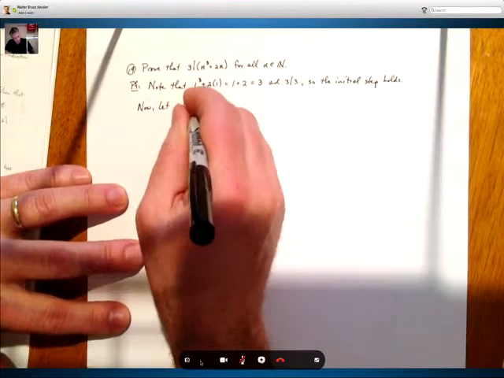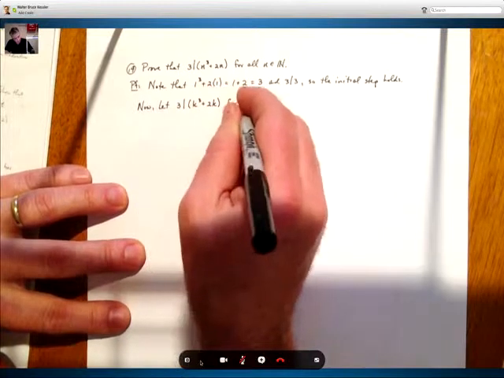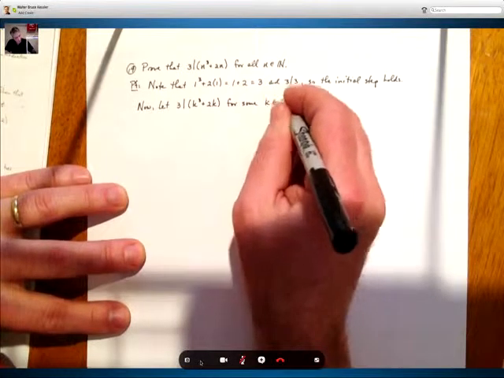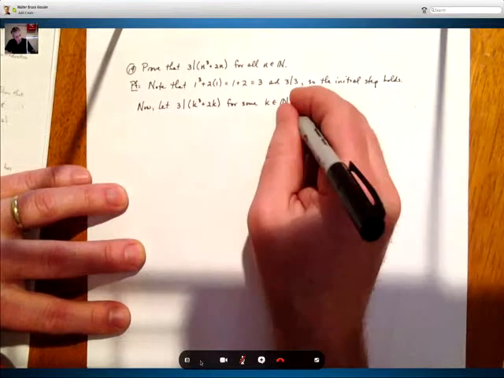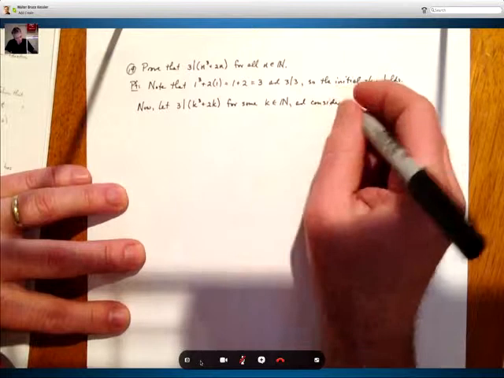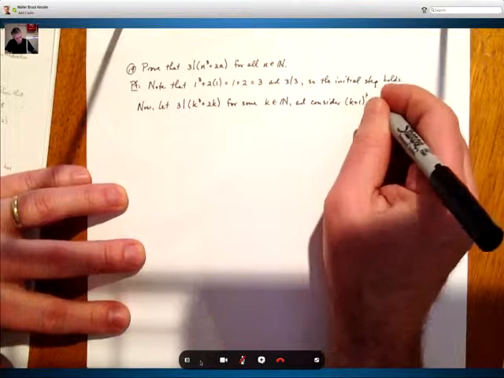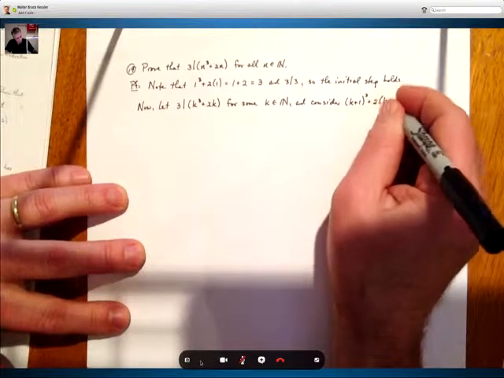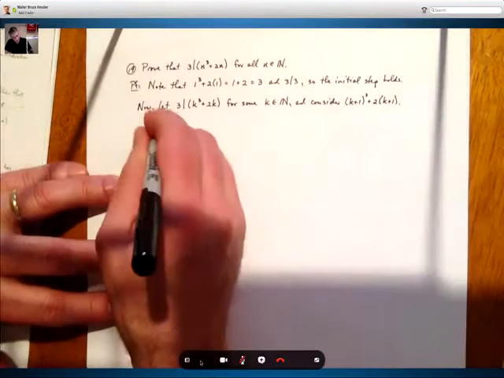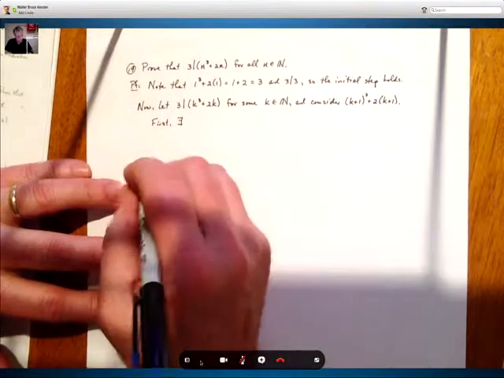Now let 3 divide k cubed plus 2k for some natural number k, and let's consider k plus 1 cubed plus 2 times k plus 1.